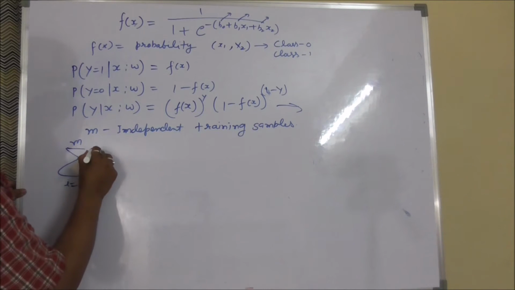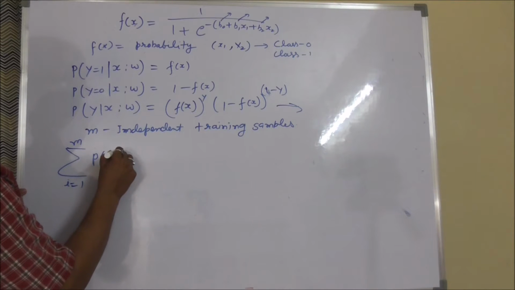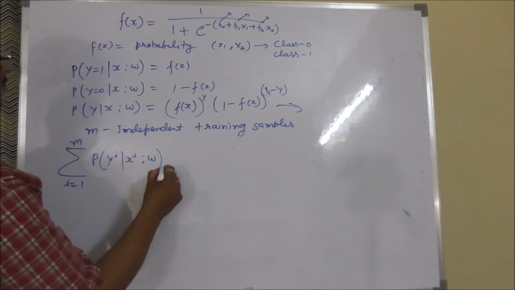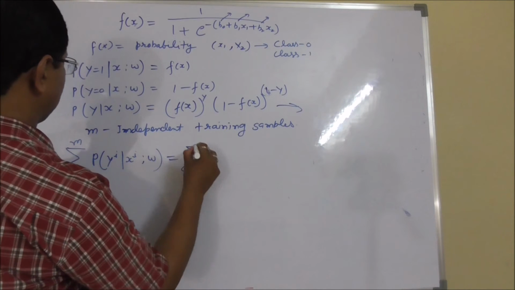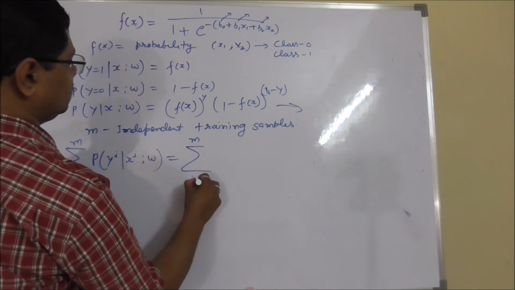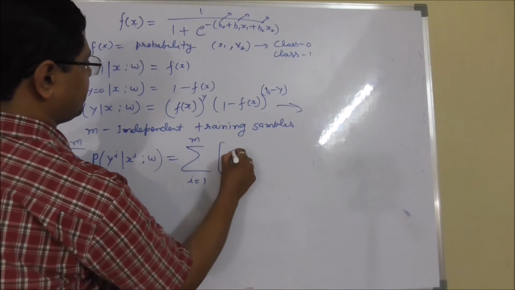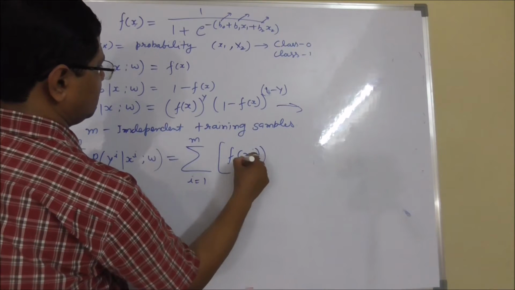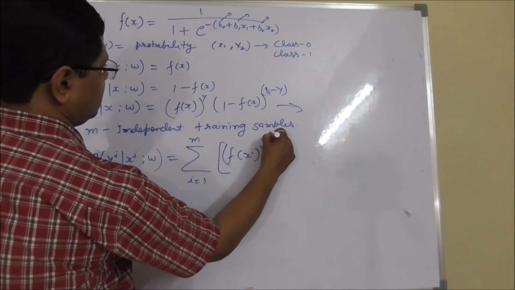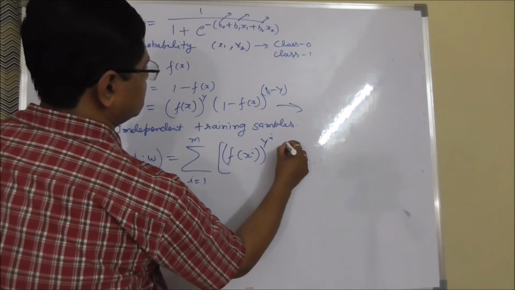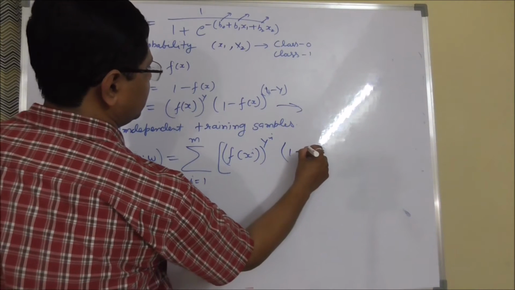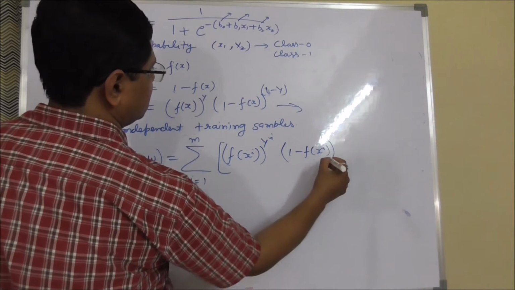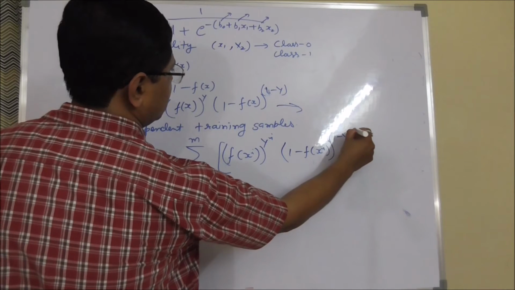Product for i equal to 1 to m of probability of y(i) given x(i) with weight vector w, equal to the product for i equal to 1 to m of f(x(i)) to the power y(i), into 1 minus f(x(i)) to the power 1 minus y(i).